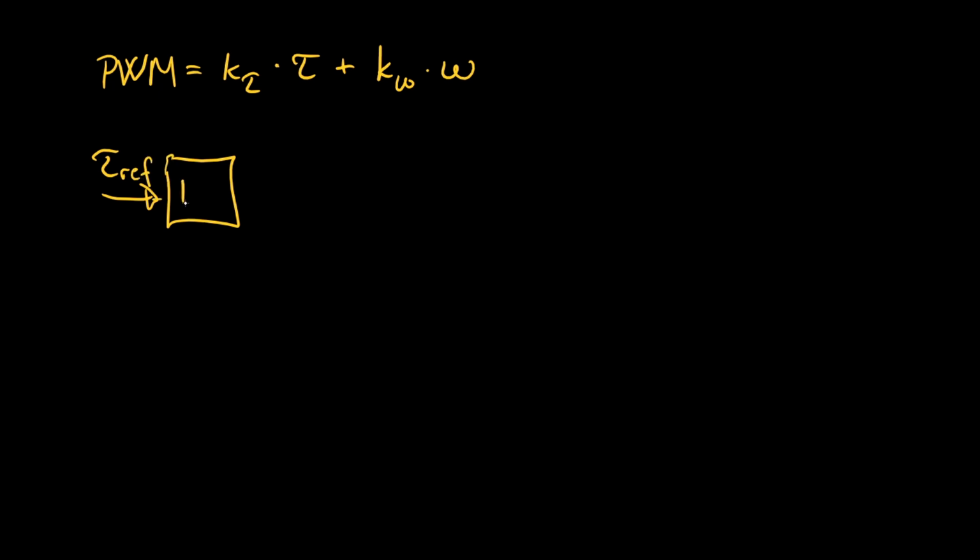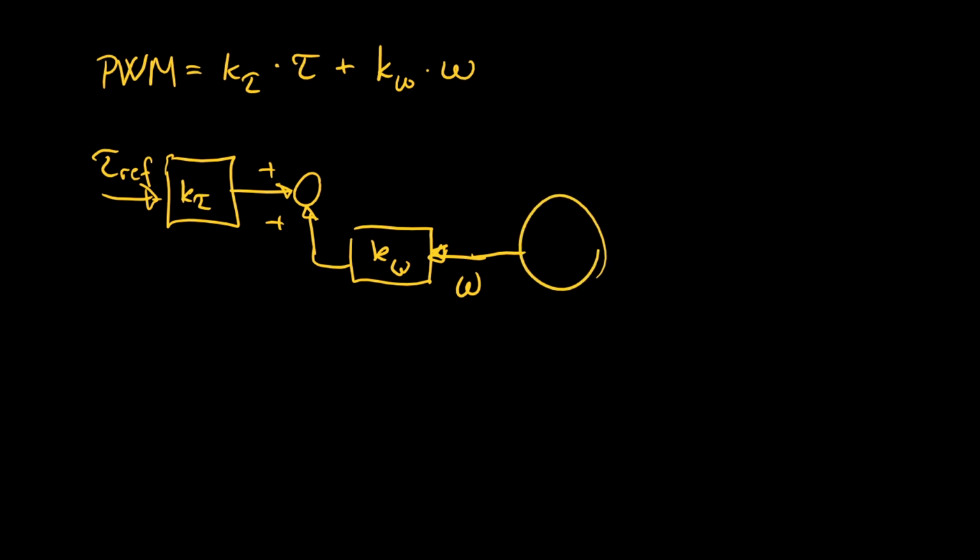We multiply this with the k tau. We add it with the motor velocity multiplied with k omega. It's an arrow coming from our motor. So in some way we need to be able to get the velocity of the motor, and that turns into our PWM signal.